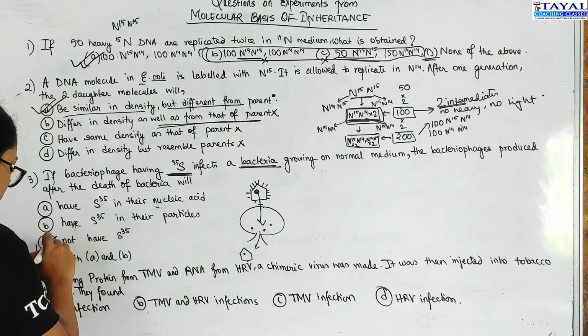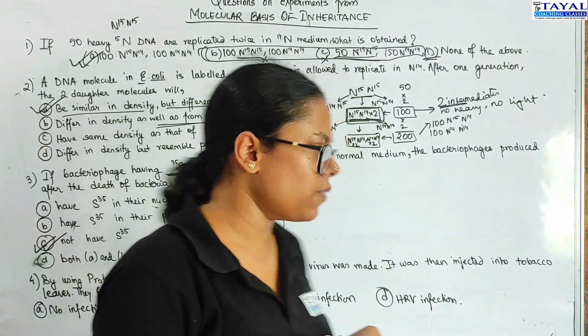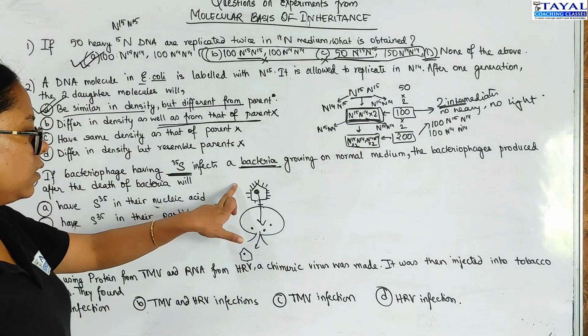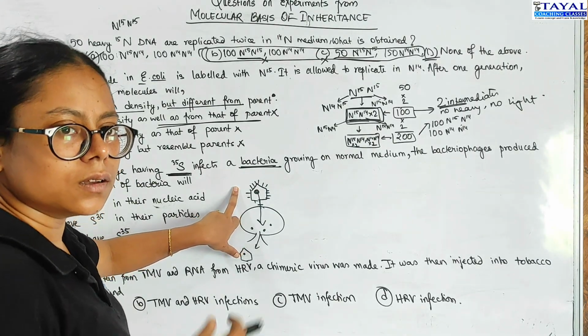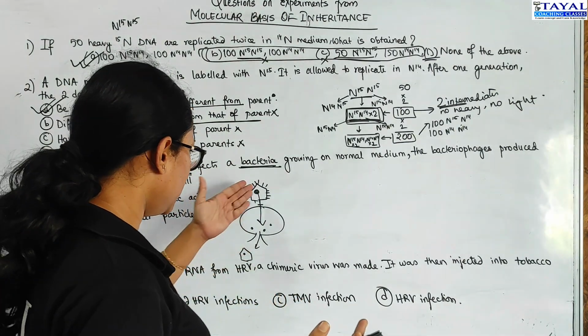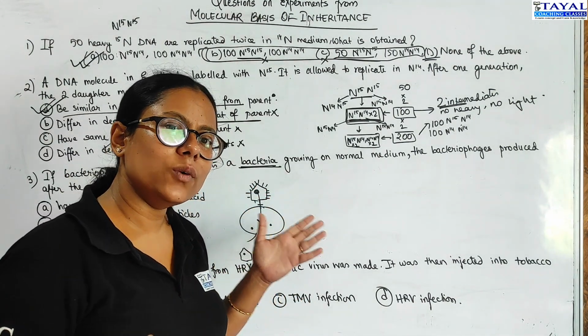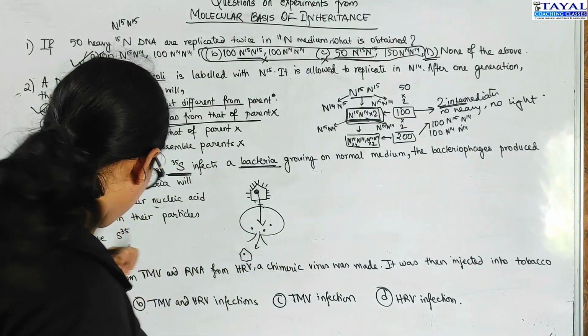No. Will not have S35. So C will be the correct answer. There will be no S35. Because obviously the protein coat was not labeled, and therefore at the time of infecting the bacteria, the radioactivity does not get passed on. Okay.